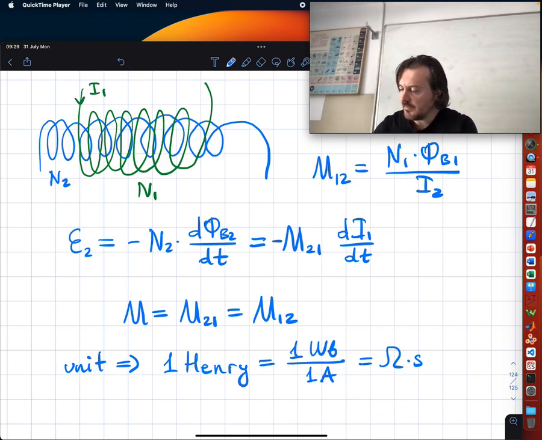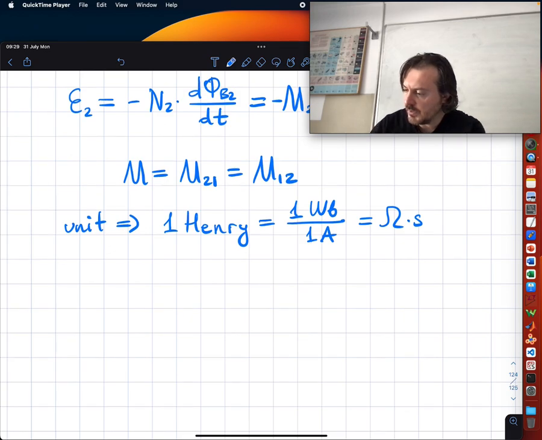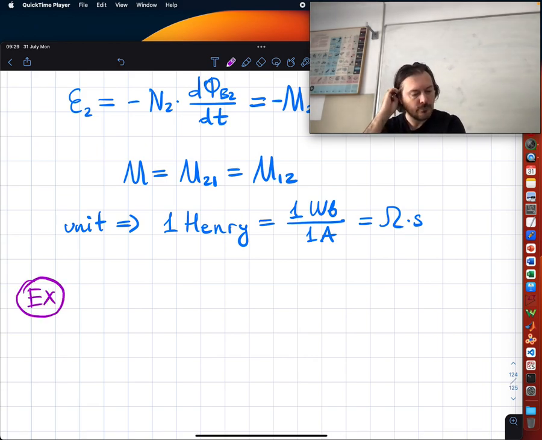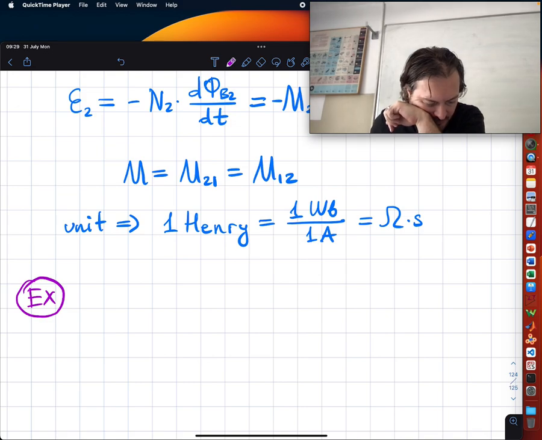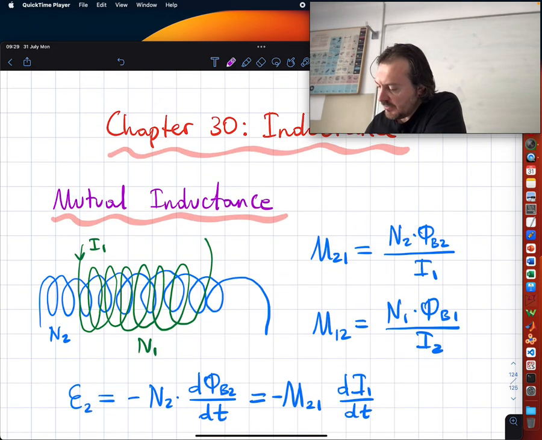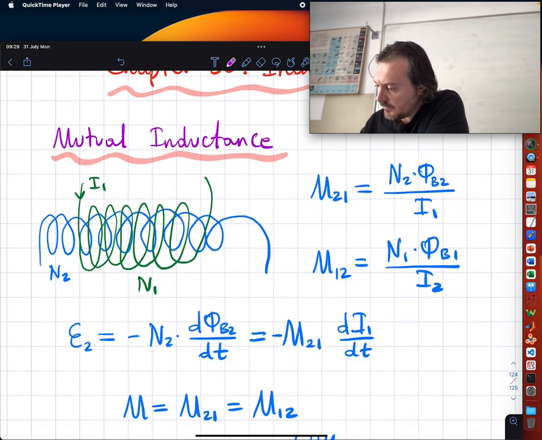Okay, let's give an example, and this example will be very useful to understanding everything here. Can I think for a little bit? So I'm actually going to use this very system.